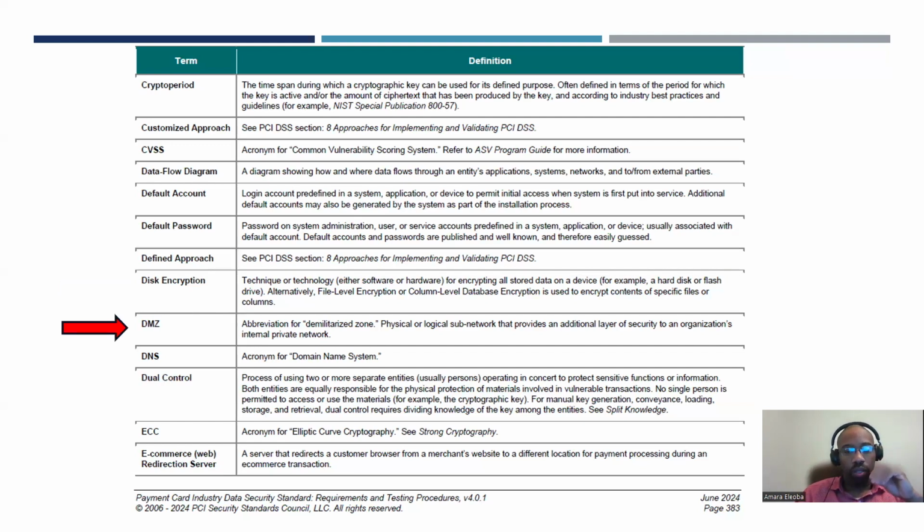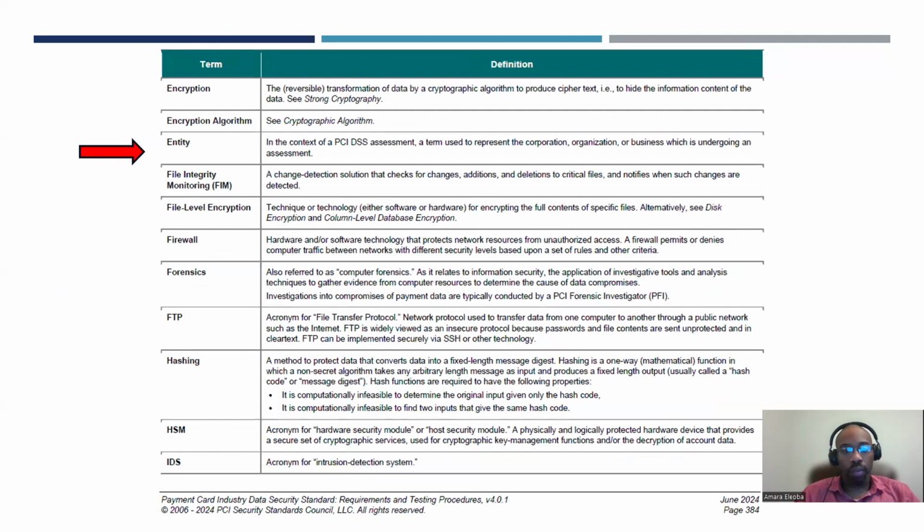DMZ, okay? It's just a physical or logical subnetwork that provides an additional layer of security within the organization's internal private network. An entity in the PCI context represents an organization or a company or business that is undergoing the PCI assessment.